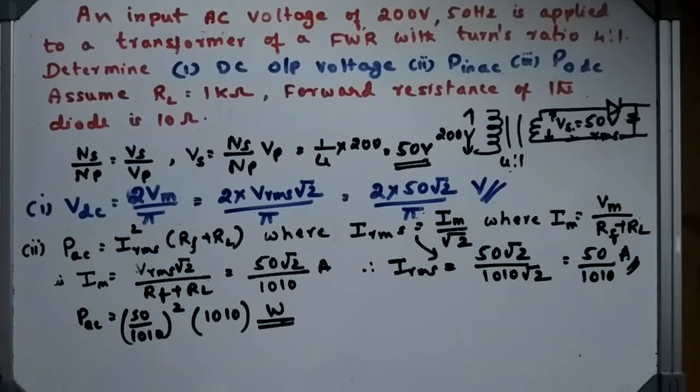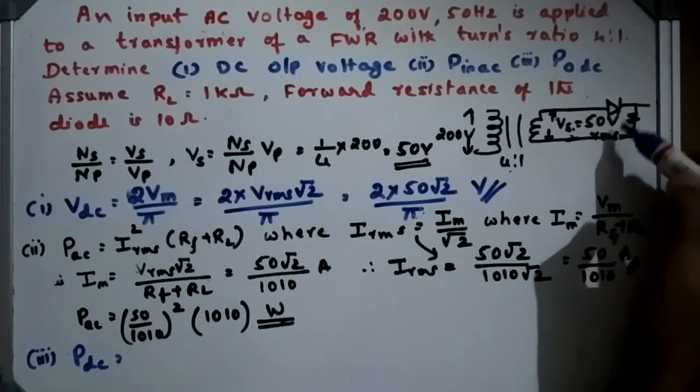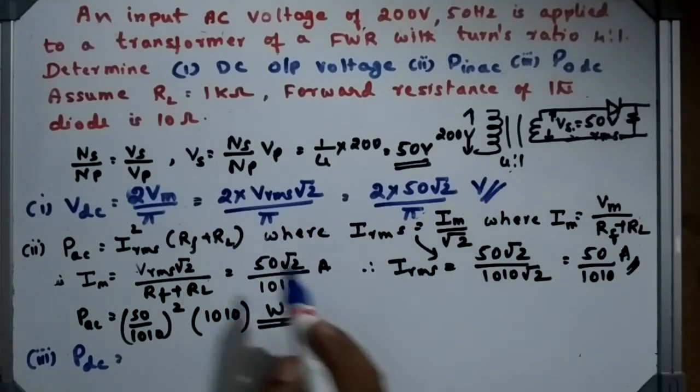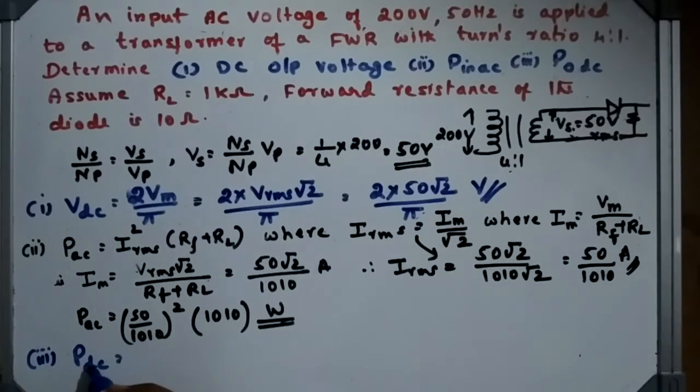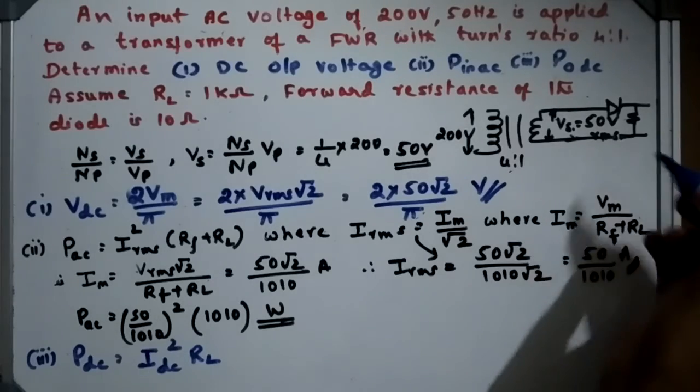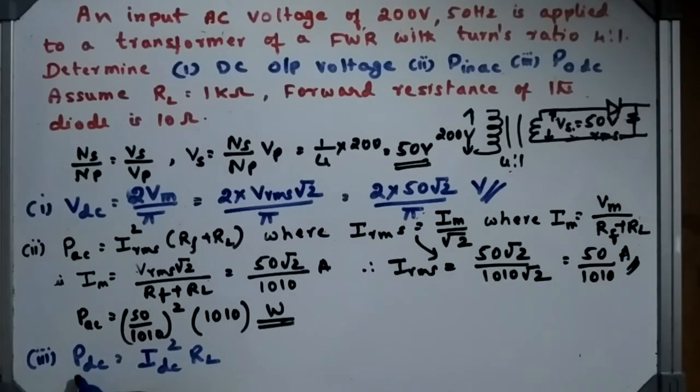Next, what is the DC power? PDC is nothing but the power consumed by the load. Load is 1 kilo ohm. Therefore PDC is equal to IDC square into RL, because DC flows only through RL. So DC power is equal to DC current square into RL.